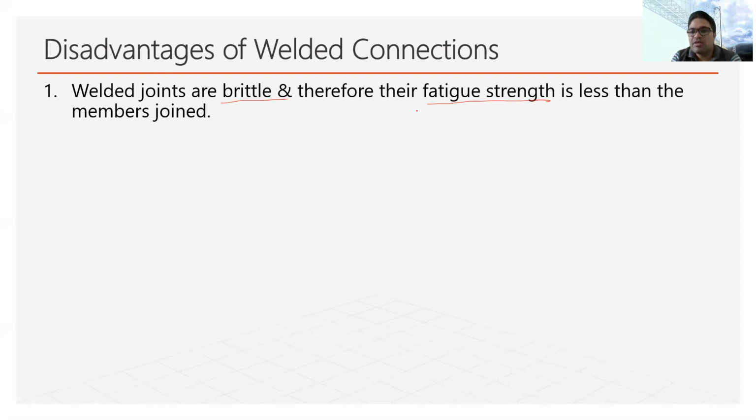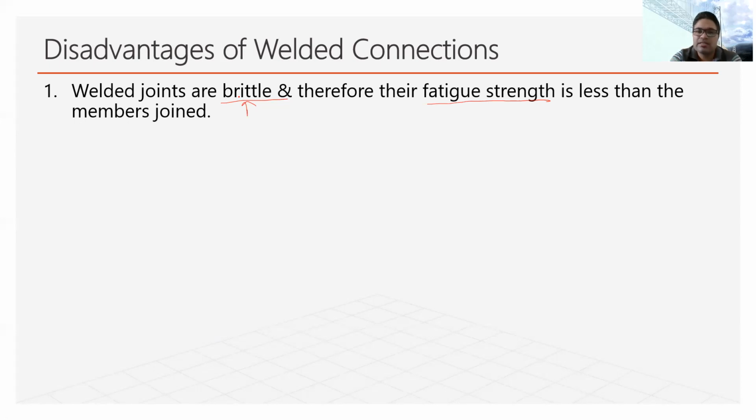The welding material has strength more than the steel plates that we normally use, which are generally mild steel. So the strength of the weld is generally more than the strength of the mild steel plate. As I have discussed earlier, if we increase the strength of steel, then the ductility of the steel decreases. That is the same reason here also.